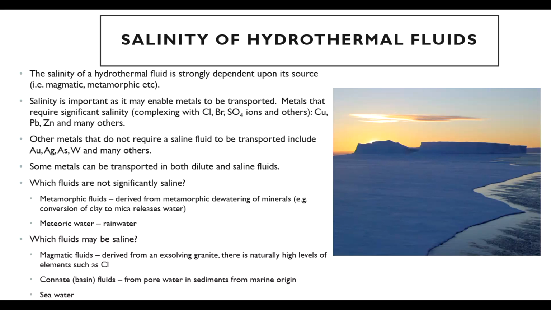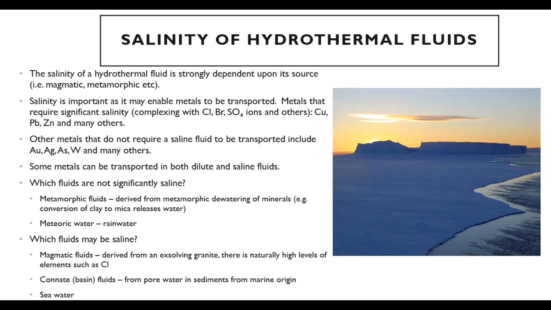So things like metamorphic fluids, meteoric fluids are fairly non-saline. Meteoric one makes sense. Rainwater, groundwater is usually something we can drink, so we're fairly happy. Metamorphic fluids, it's predominantly from a hydroxyl component in a hydrous mineral, so it's pretty pure. There are limited salts dissolved in those minerals unless you have unusual cases like evaporites and things like this. Whereas saline fluids, magmatic fluids, can be much more saline because they have things like chloride in them.